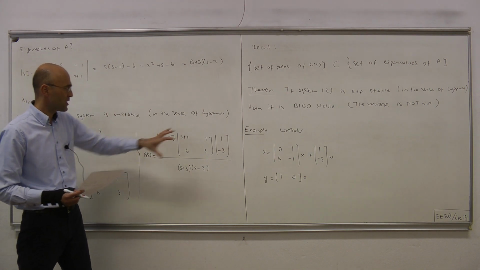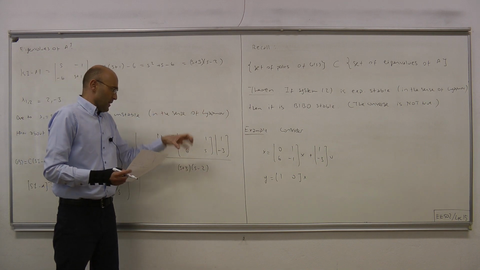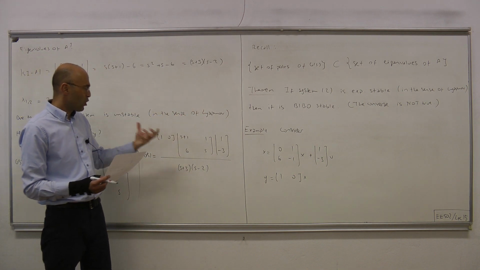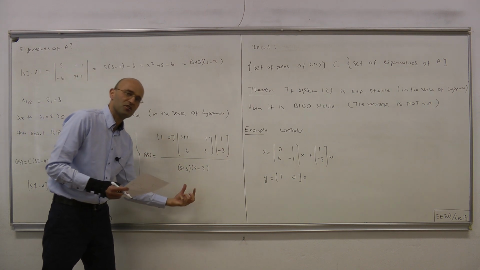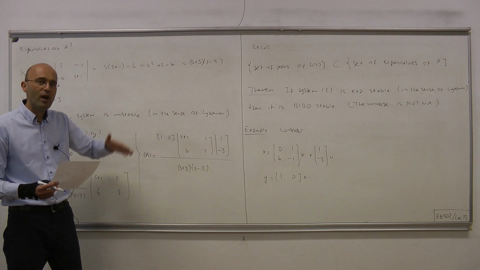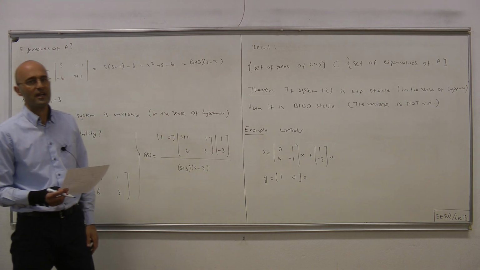But it turns out that sometimes in the numerator there is a term that matches this unwanted term, and we would have the so-called pole zero cancellations.